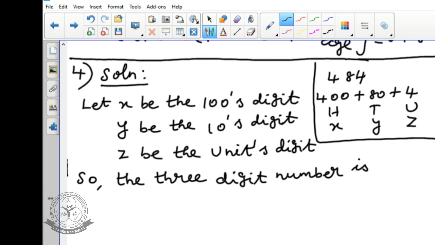So we have to write it like this: 100x plus 10y plus z. This is our 3-digit number. Next, they have given another condition.